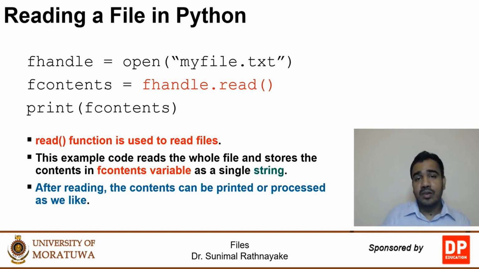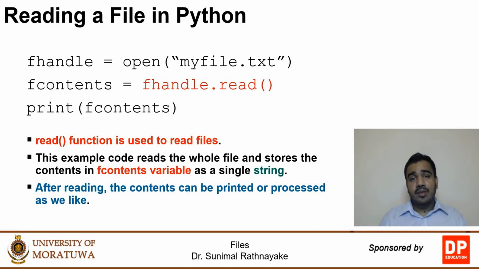Read function reads the whole file and returns us all the contents of the file as a sequence of characters. This returned content can now be stored in a variable as a string. In the second line, we are storing the contents of the file read using read function in a variable called fcontents.